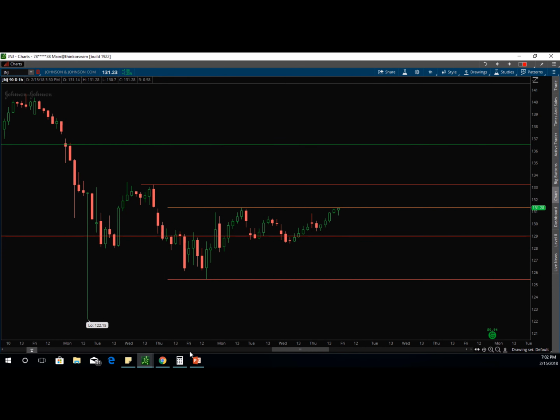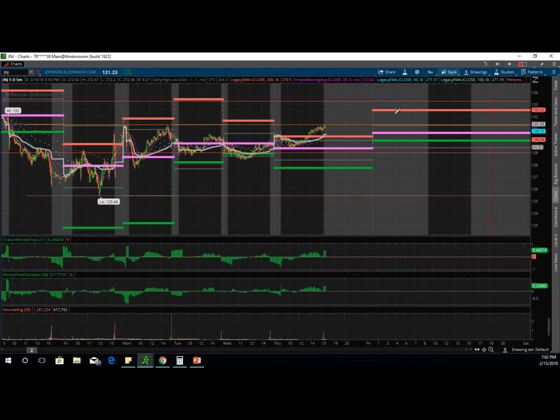When I do that, those lines typically spill over to my 5-minute chart. So you can see how I drew the orange line on the 1 hour chart, and that line just so happens to line up with the previous day's high from today.